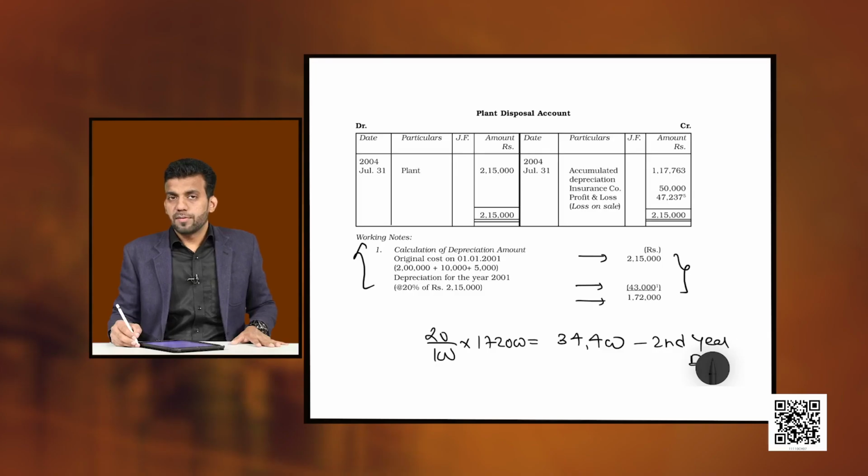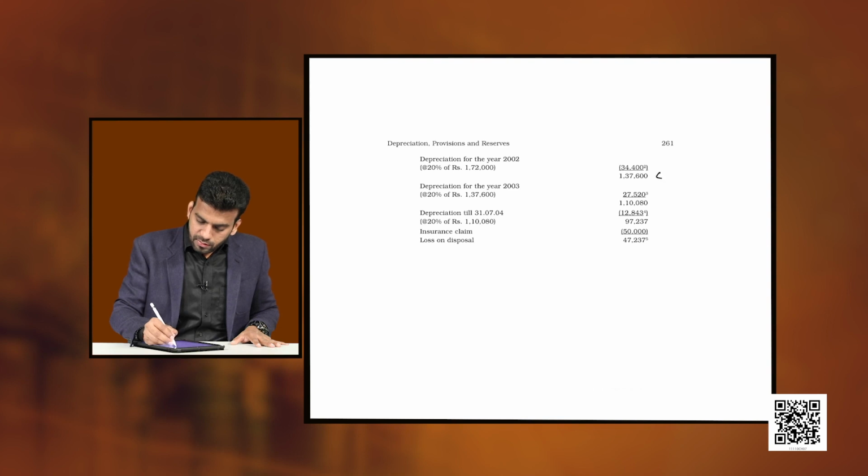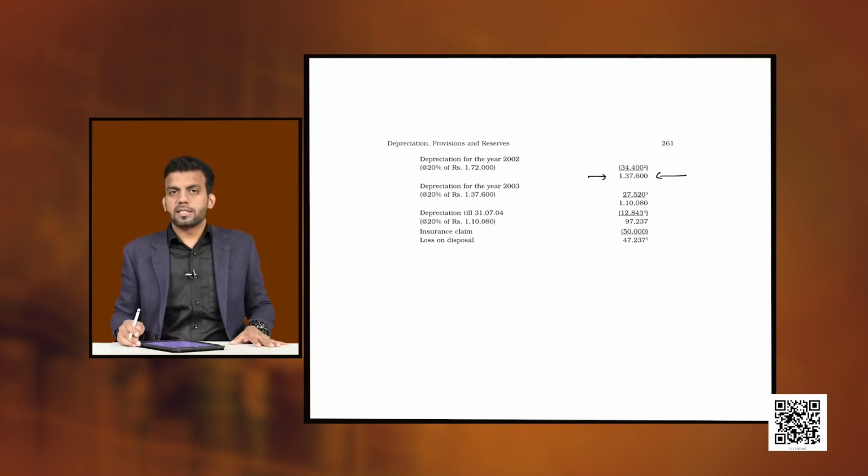Now, we come to the third year of the machine, 77,400 on depreciation. So, the reduced value of machine in the second year was 137,600. As you can see, firstly we reduced 215,000 minus 43,000, that makes it 172,000. Then 34,400 was the depreciation for the second year, which is reduced and the value becomes 137,600.